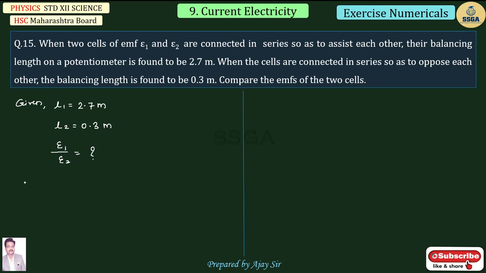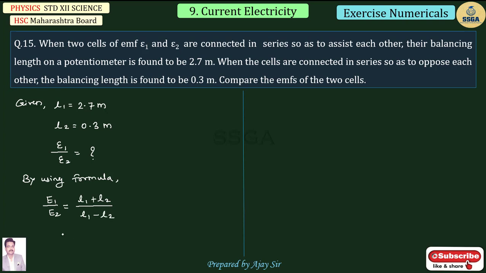So we know the formula: when cells are connected to the potentiometer, E1 divided by E2 is equal to L1 plus L2 divided by L1 minus L2.